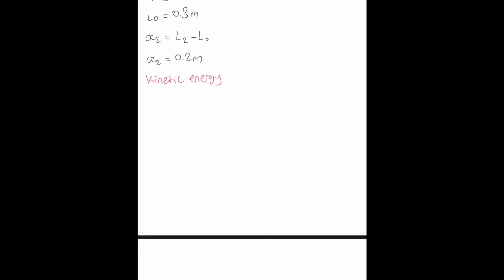Okay, so a little refresher. The formula for kinetic energy is T equals half mv squared. The formula for gravitational potential energy is V equals mgh.